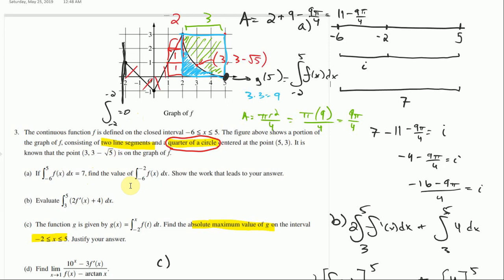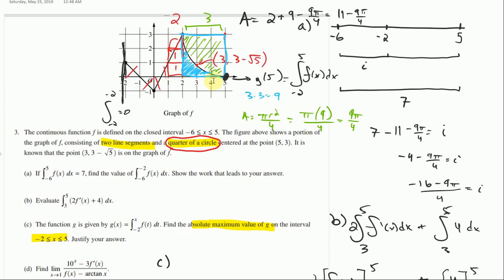So we're going to find the absolute maximum value of g. Well, this is just the integral, and as we kind of looked at before, these two cancel over here. These things cancel over here. This becomes 2. So it looks like right now we've got a maximum at 2, but wait, there's more.